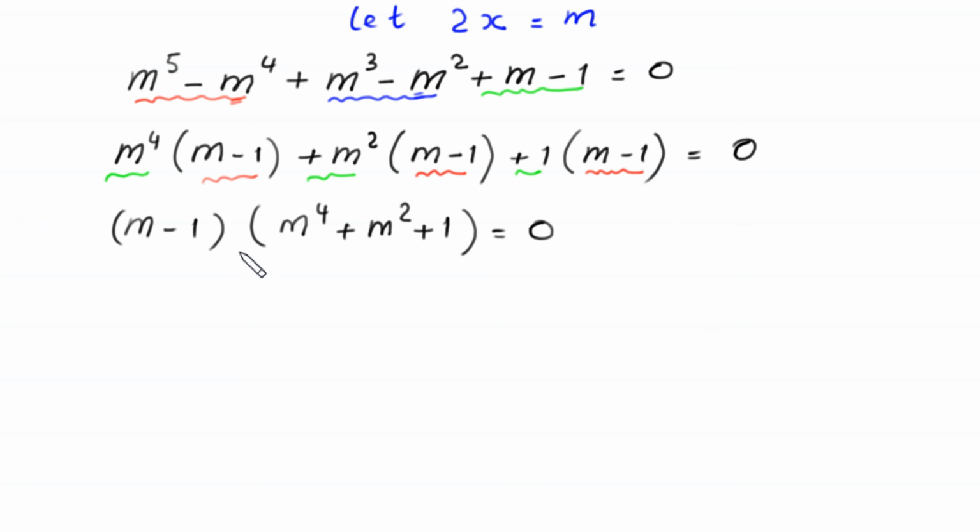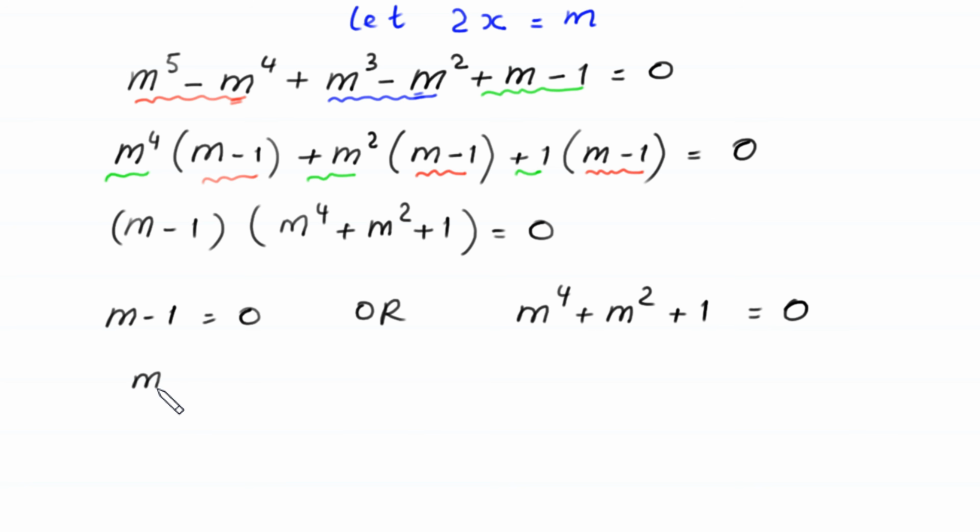Now from here, either m minus 1 is equal to 0 or m to the power 4 plus m squared plus 1 is equal to 0. From this equation we get the value of m is equal to 1.